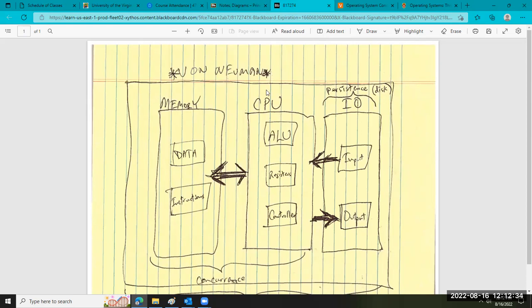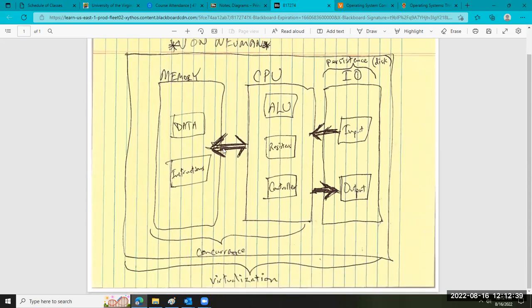So this is from computer architecture, right? And what you're seeing is a handwritten drawing of the von Neumann model for computer hardware. The CPU sits in the middle and it has an arithmetic logic unit. There are registers to store data temporarily, and there's a controller that helps with the sequence and execution as the CPU operates. You have memory that is used to store both digital information or data and the coding statements or instructions.